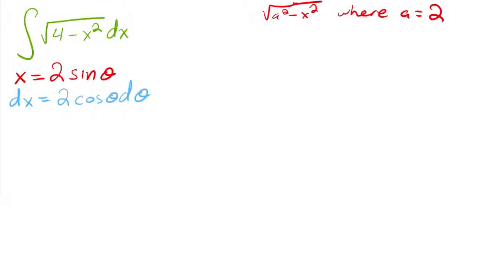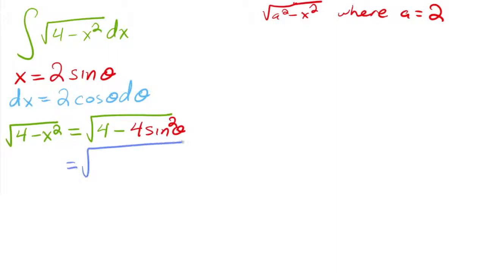And then you need to get rid of the square root. So, the square root of 4 minus x squared. If you plug in 2 sine theta for x, you get the square root of 4 minus 4 sine squared theta. Then I factor out the constant, which in this case is 4, so this is 4 times 1 minus sine squared.